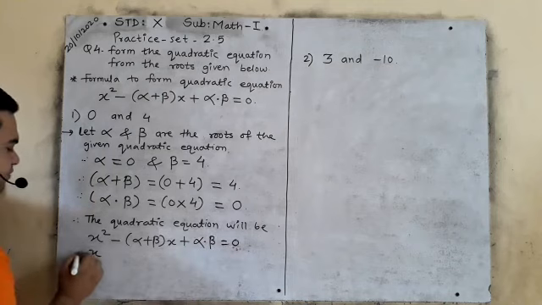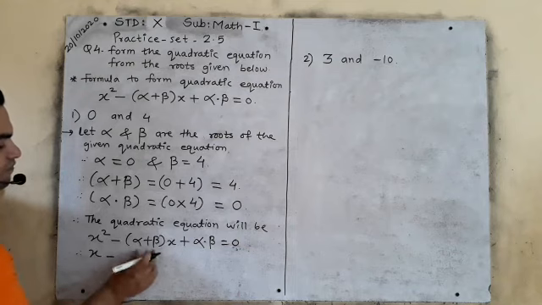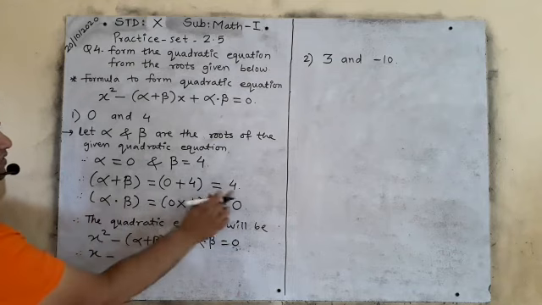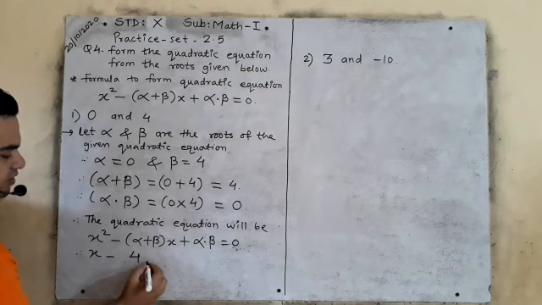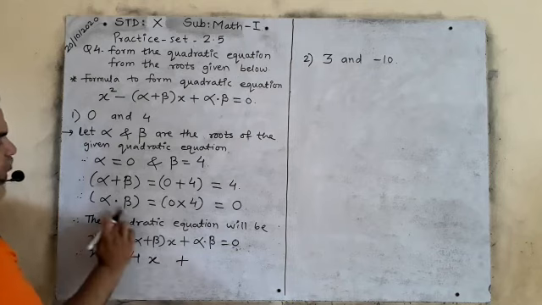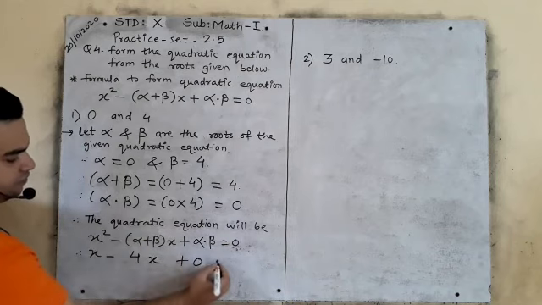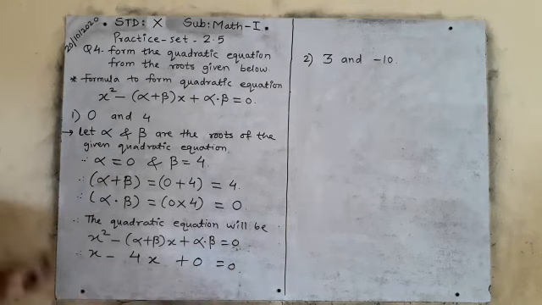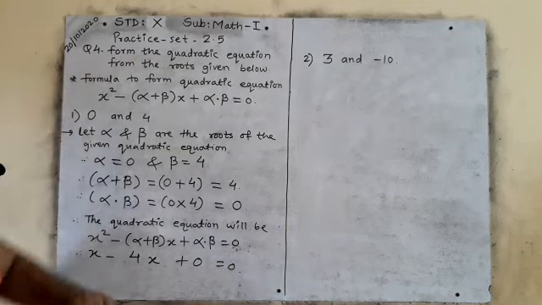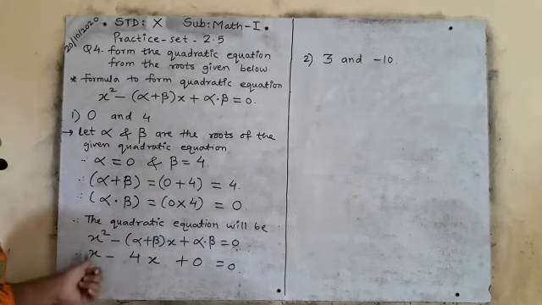Now you will write the value. Therefore, x square minus alpha plus beta value is how much? 4 and x. Alpha into beta value is how much? 0 is equals to 0. So this is your answer. This is the quadratic equation. The quadratic equation will be this. I hope you understood how to solve.